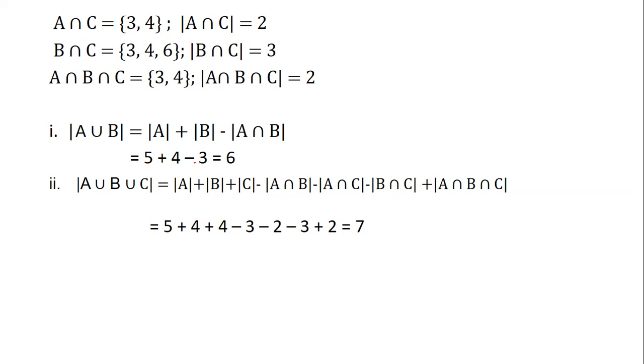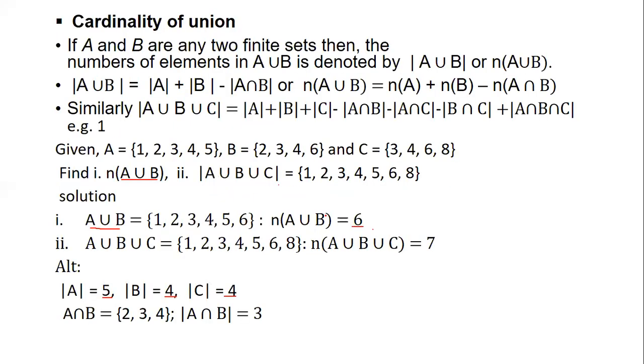Therefore, we get 9 minus 3, which is 6. When we put all of them together and count, we also got 6. True. Let's go back and see. We're having the same thing.